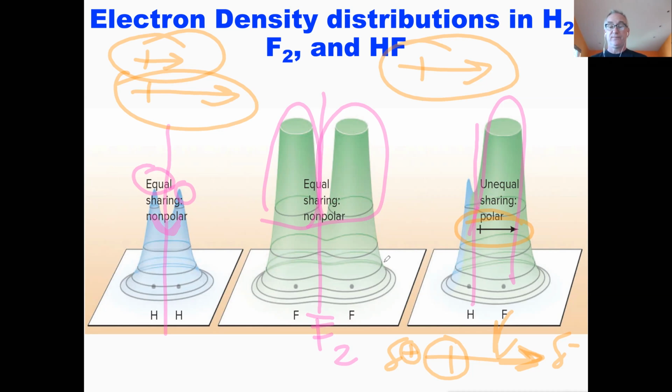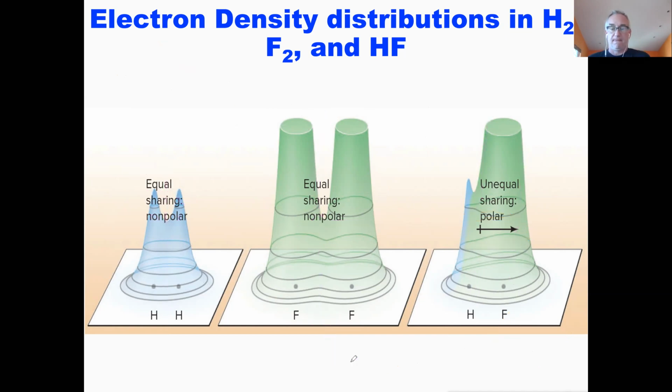Does everyone understand the difference? We're going to do some exercises to show the difference, but we're going to start with a bond dipole where it points to the more electronegative atom that has more electron density around it.